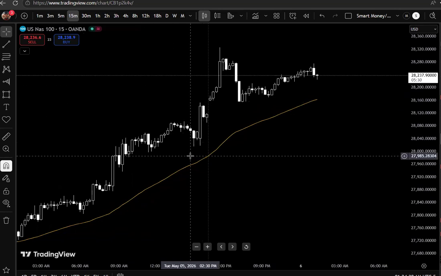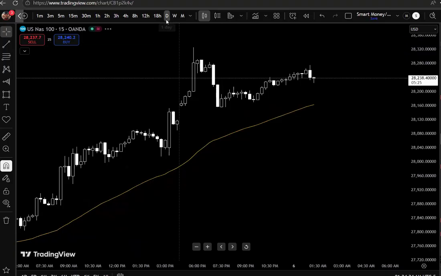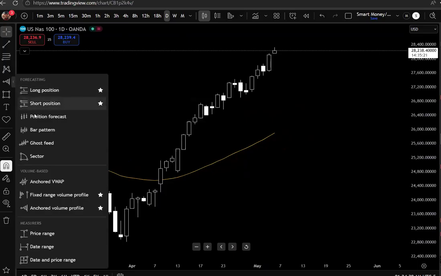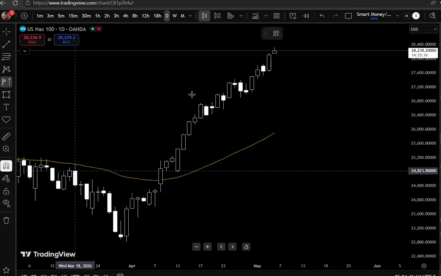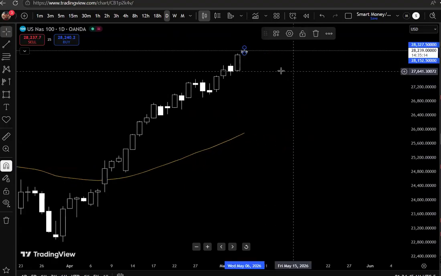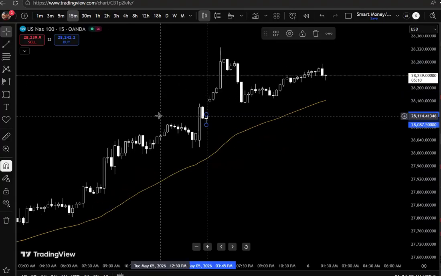So what I do is, number one, I like to mark. Sometimes I would do this. I go on a daily chart, and in this one I'm using the fixed range volume profile, and I just put it on, double click it. All right. And then to see if you go down to the 15. Oops, my bad. I'm sorry.